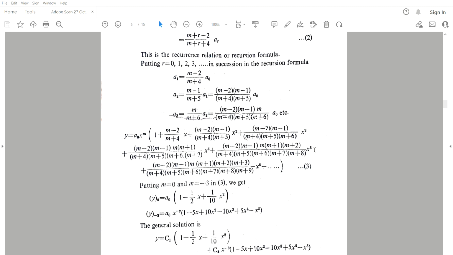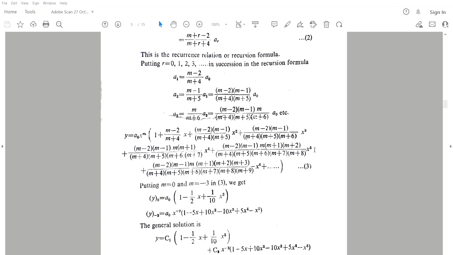Step number 2 is find y dashed, y double dashed and y. Step number 3 is substitute the value of y, y dashed and y double dashed in our given differential equation. Step number 4 is find the indicial equation. What is indicial equation? We will equate the coefficient of the lowest power of x equal to 0. Therefore, that is indicial equation.